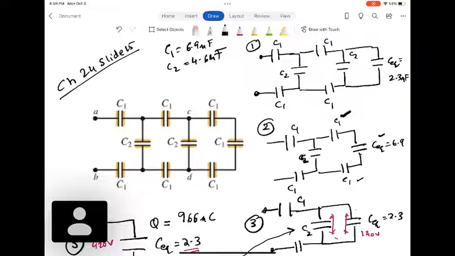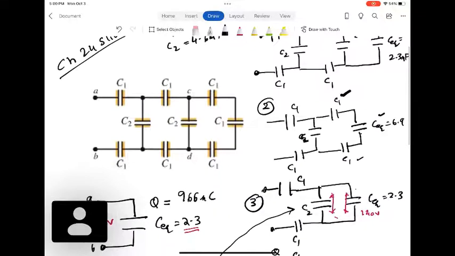So C1, C equivalent, and the other C1, they're all 6.9 microfarads. And so we've seen that they're going to share the voltage among themselves equally because they have the same capacitance. So that means each one of them will have a potential difference of 140 divided by 3. And so 140 divided by 3 comes to 46.6, so 47 volts approximately.